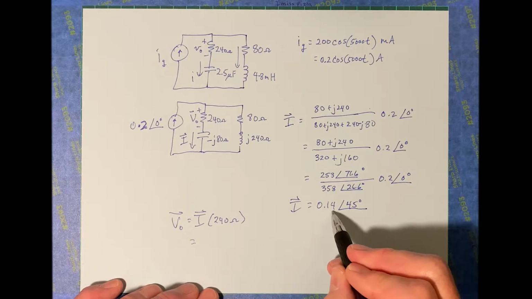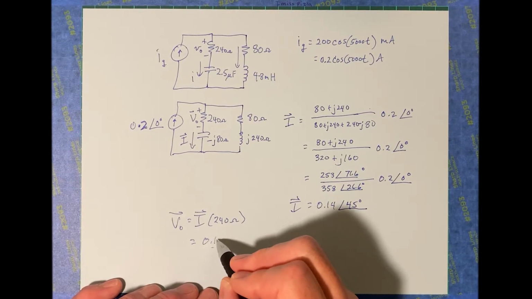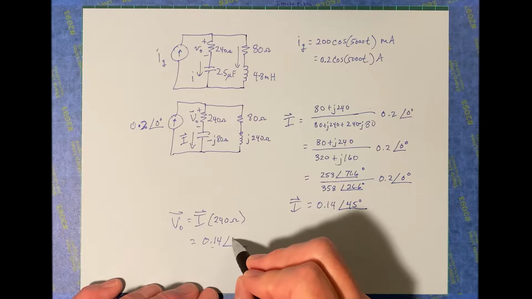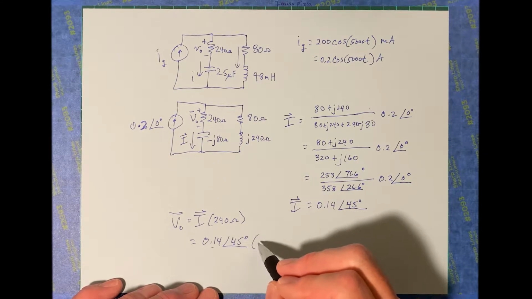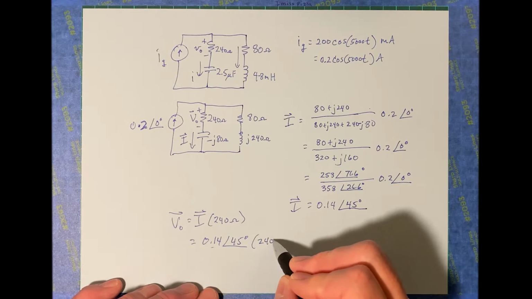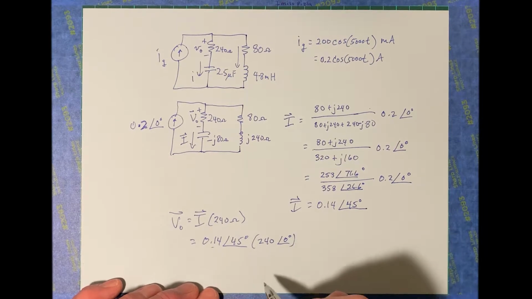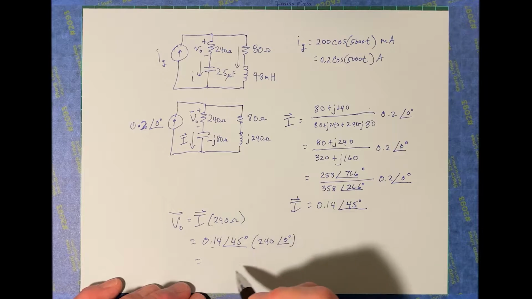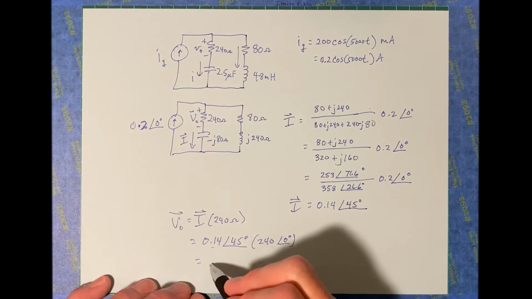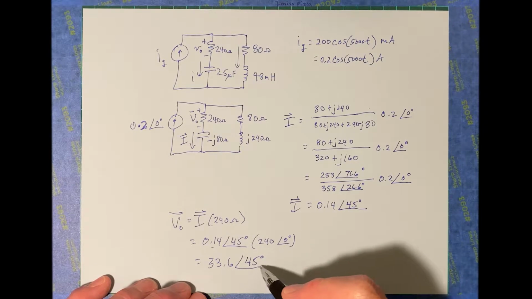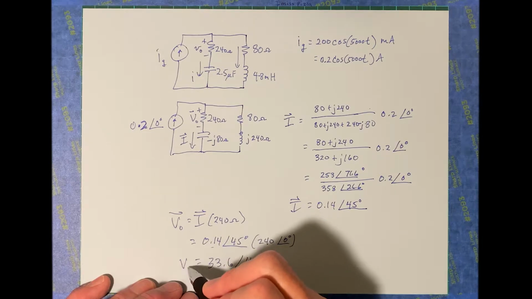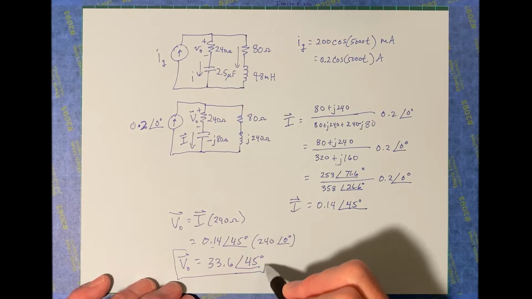So it's going to be this I, 0.14, angle 45 degrees, times this one right here, which is just 240, angle 0 degrees. And that turns out to be 33.6, angle 45 degrees. That's our phasor V naught.